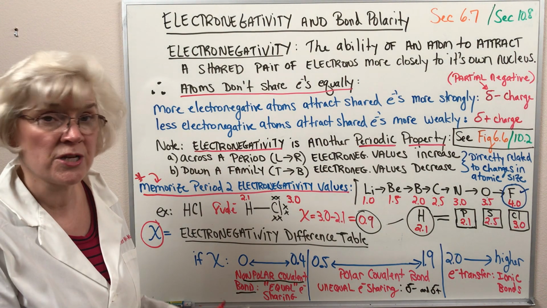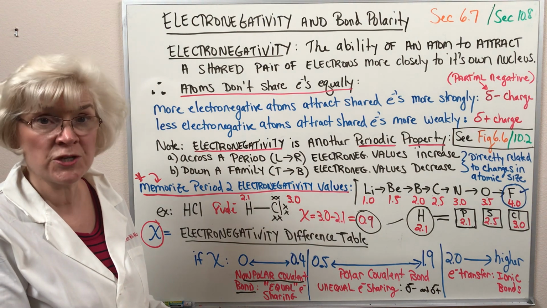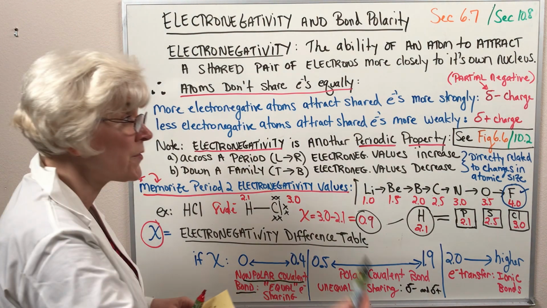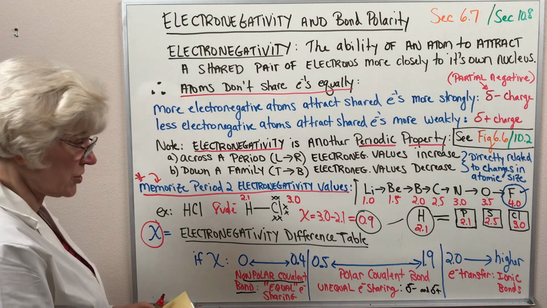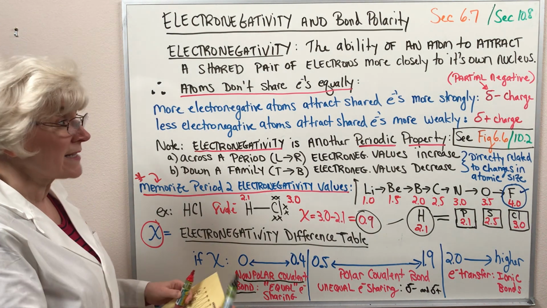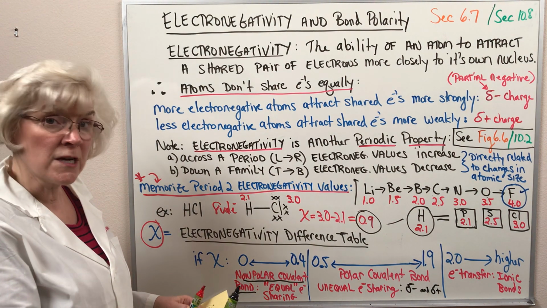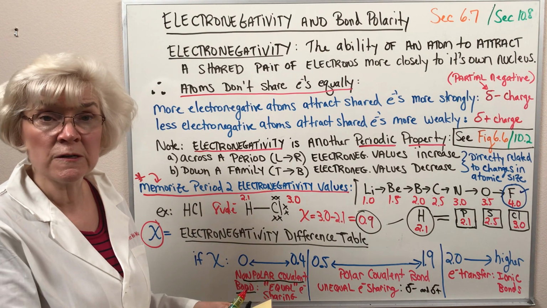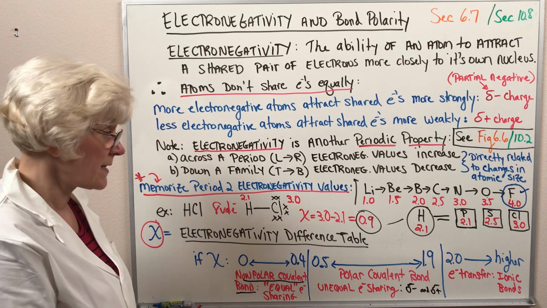Not a fully charged ion, but definitely having more than its fair share of electron density. So kind of intermediate on the way to being an ion, but not a full ion. Partial charge. And likewise, the less electronegative atom is kind of losing in this tug of war for electron density, and therefore has a partial positive charge because its nucleus isn't fully surrounded by the complete electron density cloud.